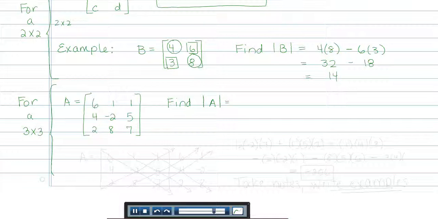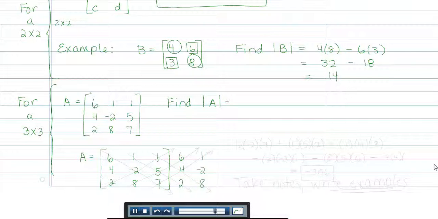This is what you're going to do, and I'm going to work it out over here. The first thing you need to do is write 6, 4, 2, 1, minus 2, 8, 1, 5, 7. And what I want you to do is rewrite the first row and the second row, just kind of continuing the matrix. Okay?